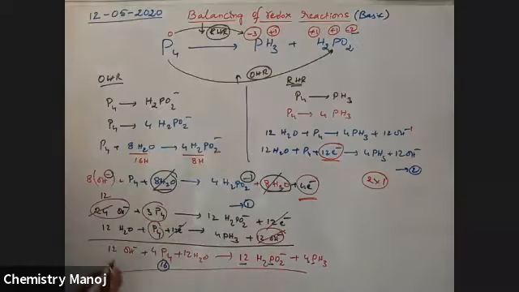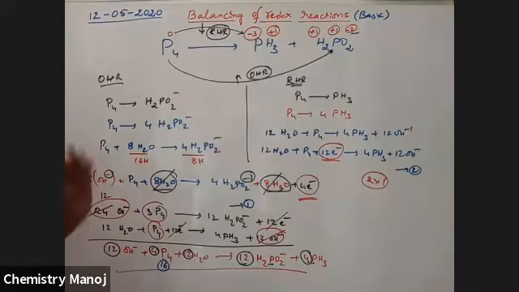Next, once again, please see here. It is 12 coefficient, it is 4 coefficient, it is 12 coefficient. In all these coefficients, the common factor is 4. Finally, divide those coefficients by 4, so we simplify that equation.